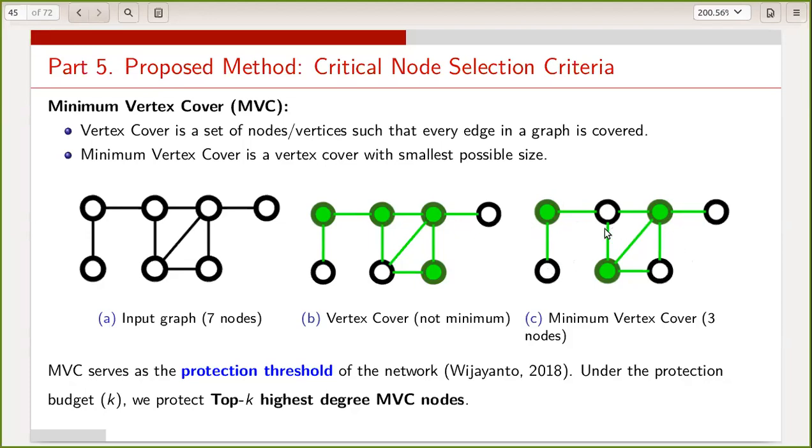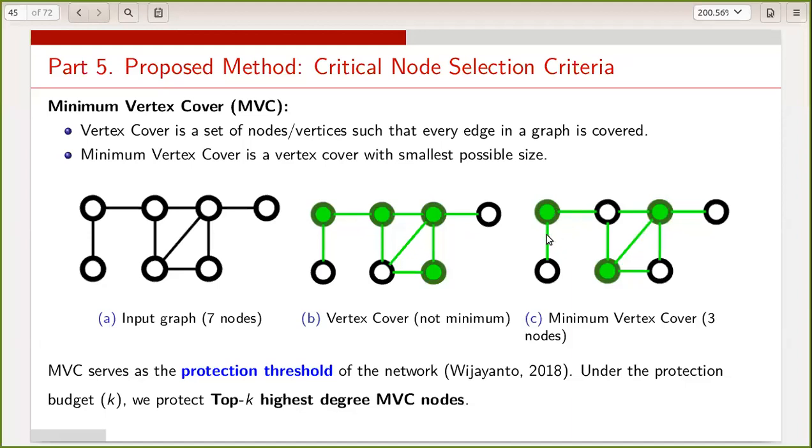But you can see here that the best or highest-scoring nodes do not always give the best result. For example, this node has degree 3, but it's not selected compared to this other node, which only has degree 2.